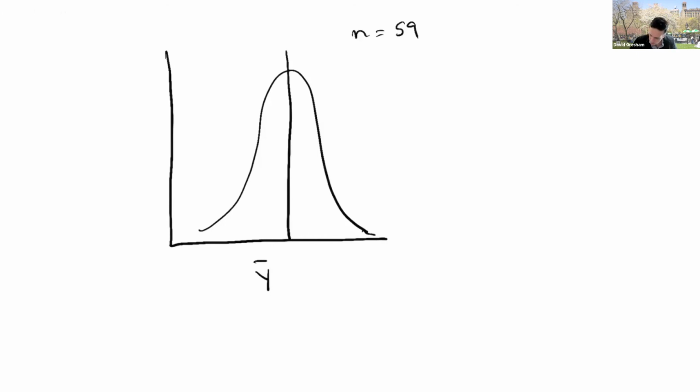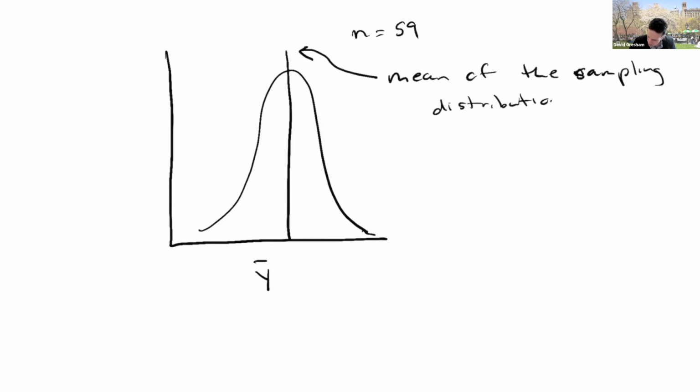It turns out, and we can learn this by doing simulations in the computer, that the mean of the sampling distribution of means (so this is confusing, it's a mean of means) is equal to the true population mean from our population.